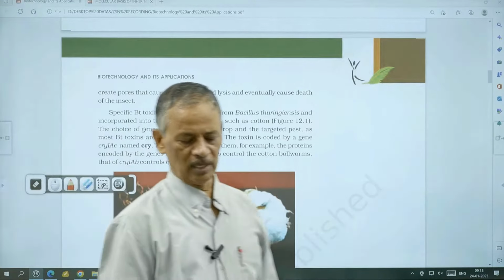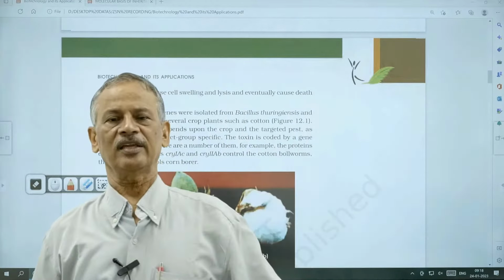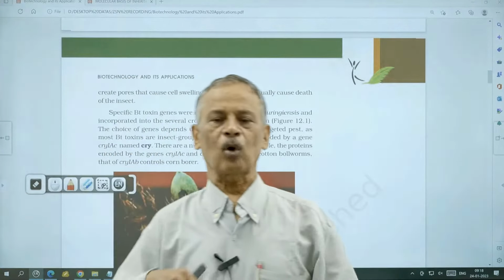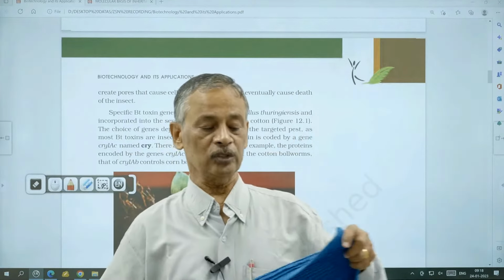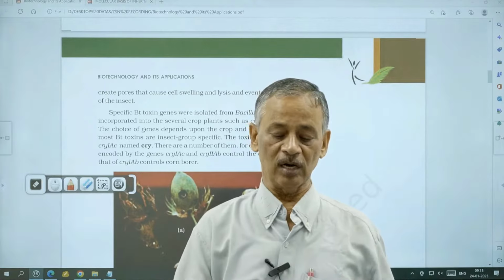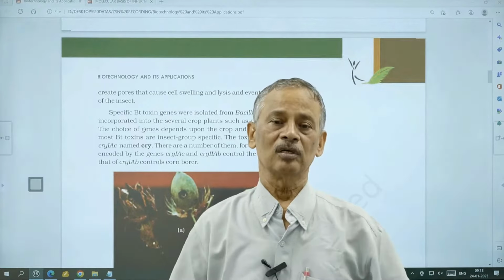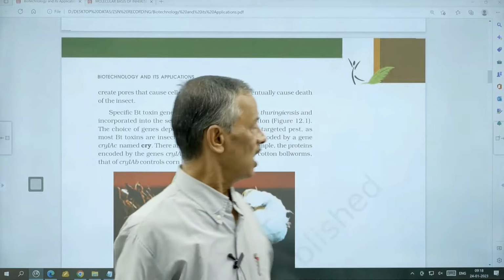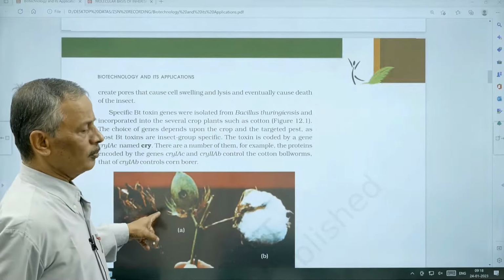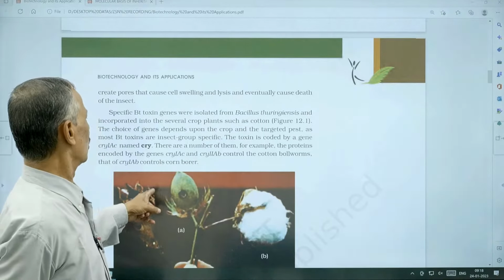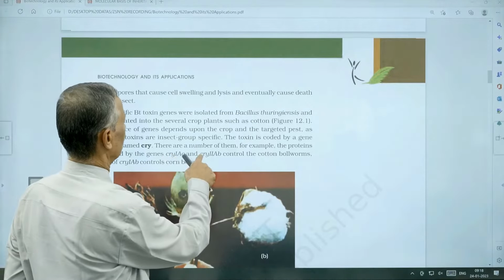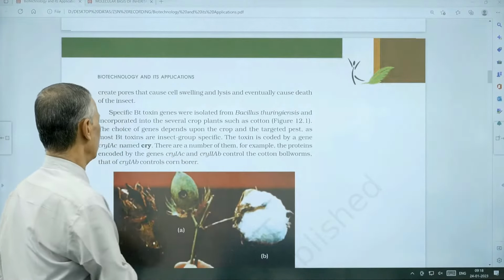Cotton bollworm is a notorious pest that is attacking the flowers as they open in cotton, and that will be causing severe damage both in quantity as well as quality of the cotton. So farmers were suffering a lot because of the damage caused by the attack of this bollworm. And now cotton plants are made resistant to the bollworms by introducing cry 1 AC and cry 2 AB.